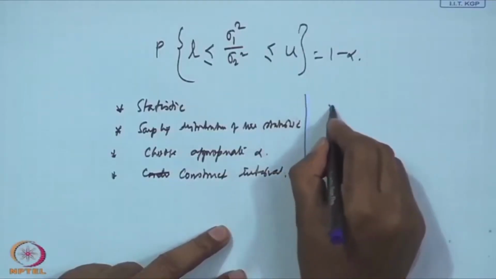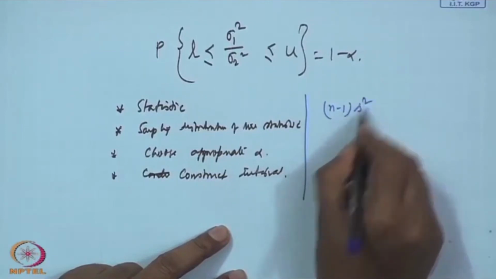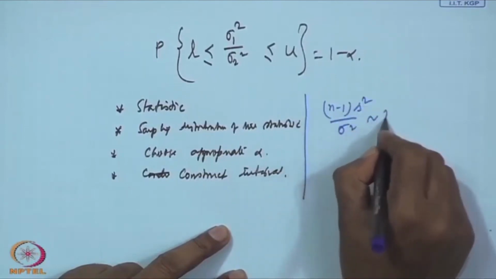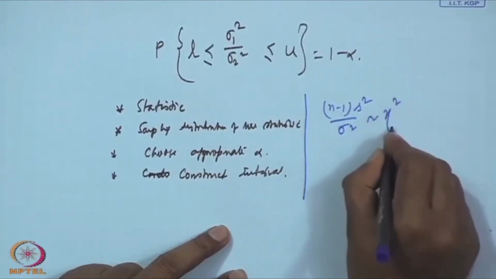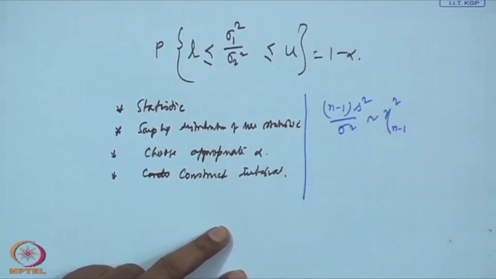Now, we are talking about the ratio of two, and I think you all know, because we have discussed this, that n minus 1 S square by sigma square follows chi-square distribution with n minus 1 degrees of freedom. Yes or no?